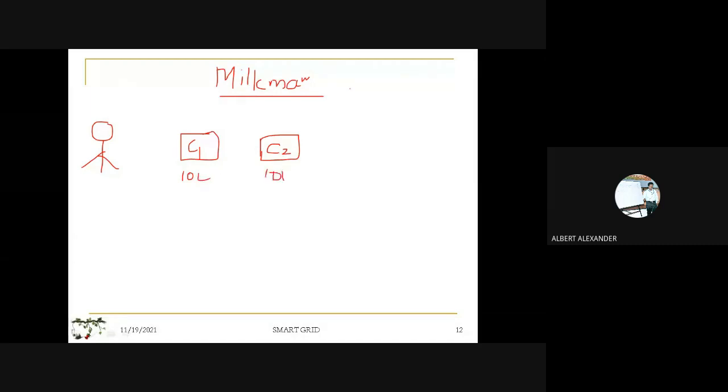So with two cows, he can generate 20 liters of milk per day. With the 20 liters of milk, the milkman delivers milk to 5 houses: house number 1, house number 2, house number 3, house number 4, and house number 5.